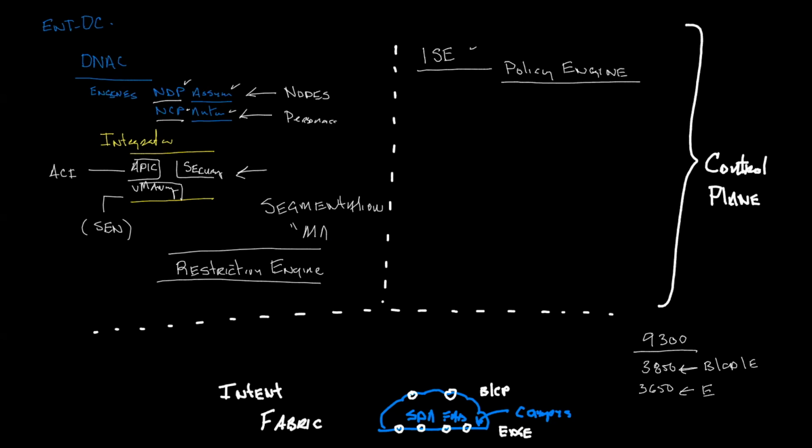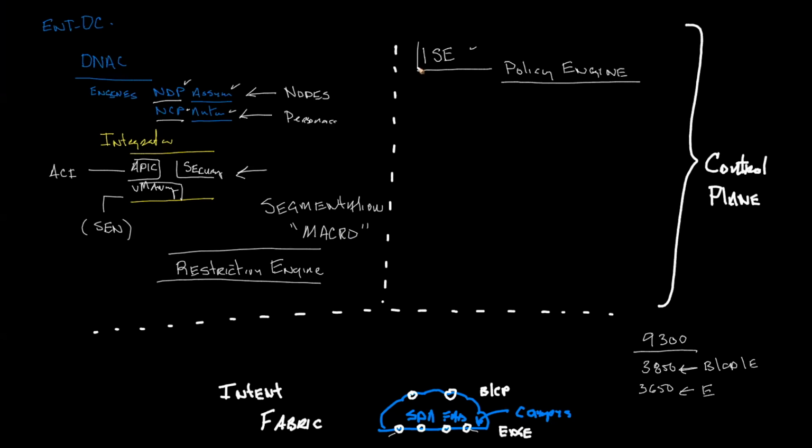Macro. So there's nothing in here that's going to say an endpoint connected here is restricted from communicating to an endpoint connected here as long as they're inside of the same VN. And that's not a good thing.